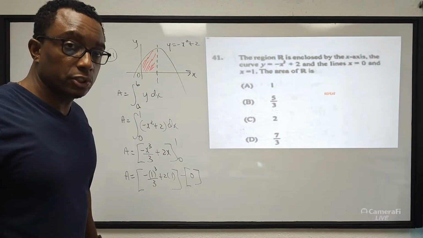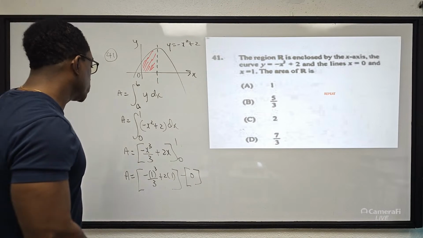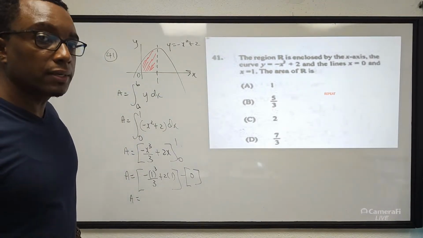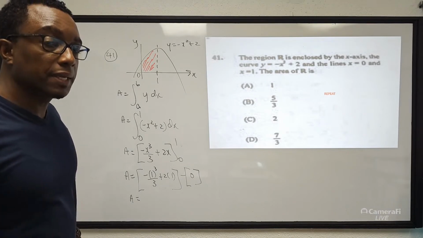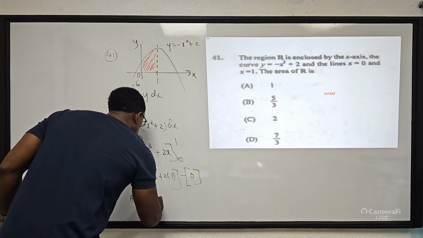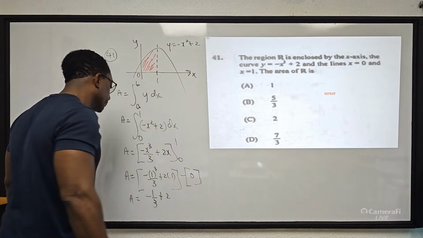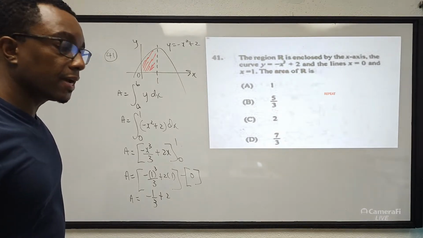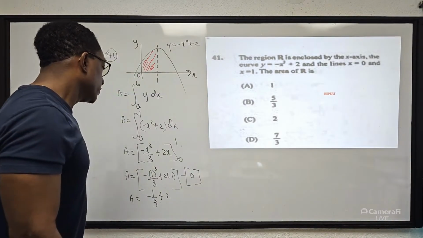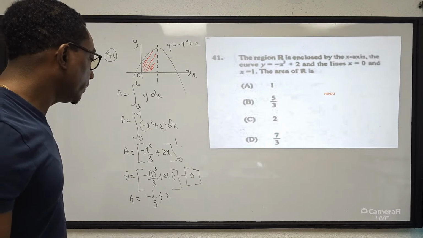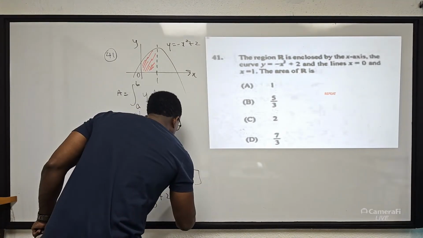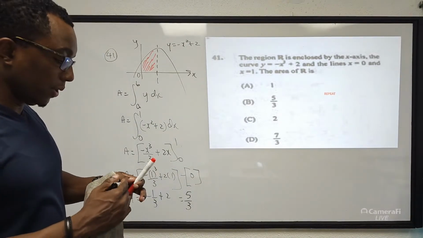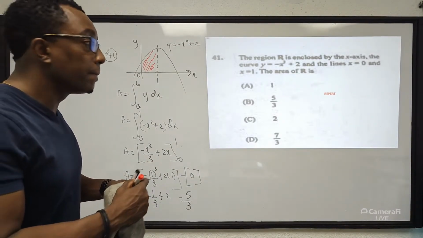So A is equal to 1 cubed is 1, then we consider the negative sign in front of it, so it becomes negative a third plus 2. Negative a third plus 2 is the same as 6 all over 3 minus a third, so that becomes 5 all over 3. So my answer for question 41, which is a repeat, is B.